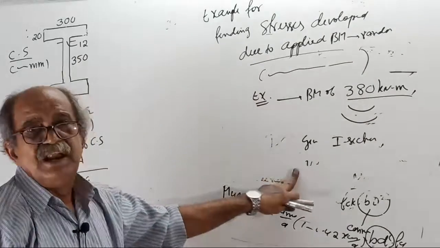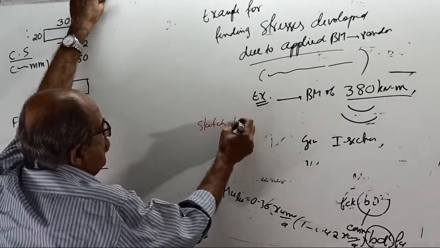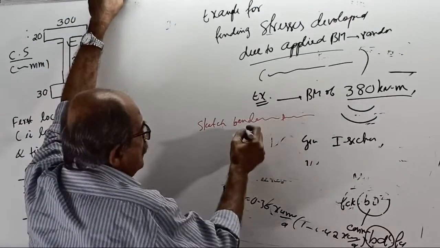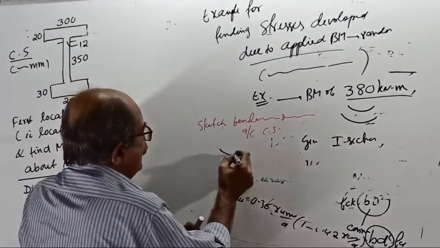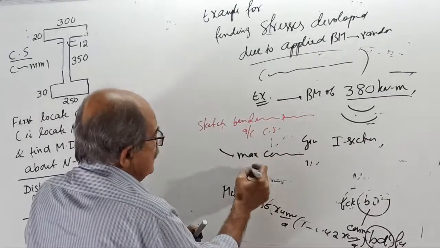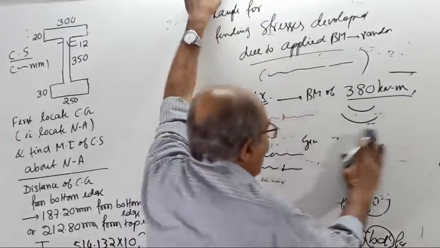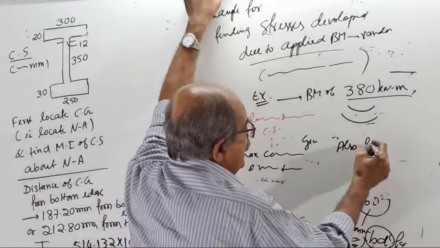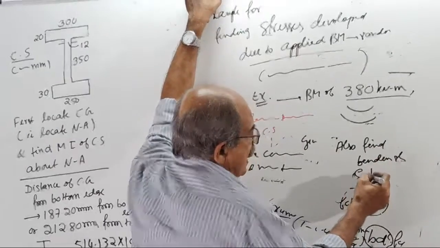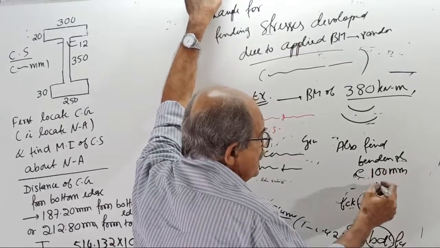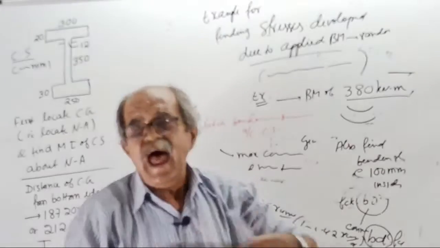Now, the question is: sketch the bending stress distribution diagram across the cross section and indicate clearly the maximum compressive stress and maximum tensile stress developed for the cross section, and also find bending stresses at 100 mm inside the top edge and bottom edge.